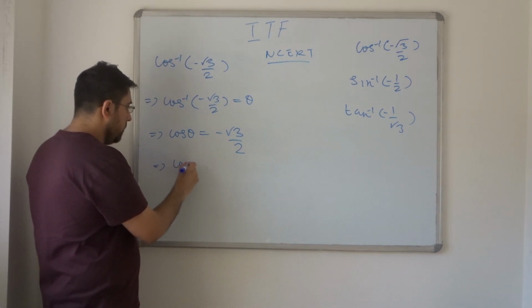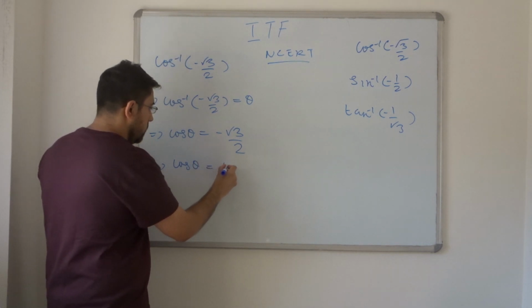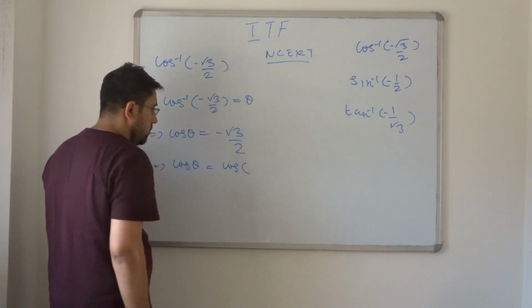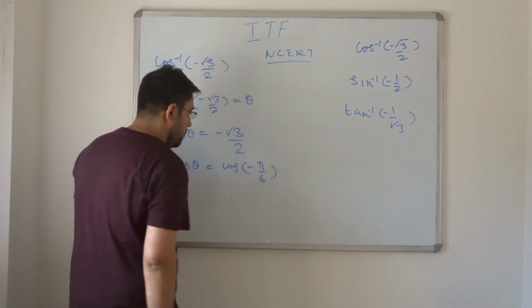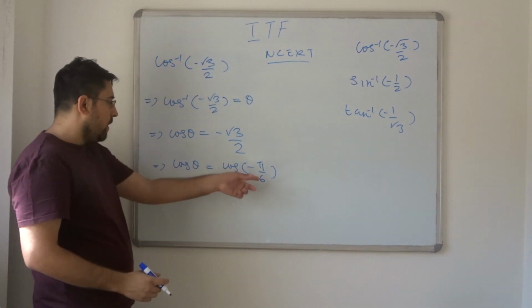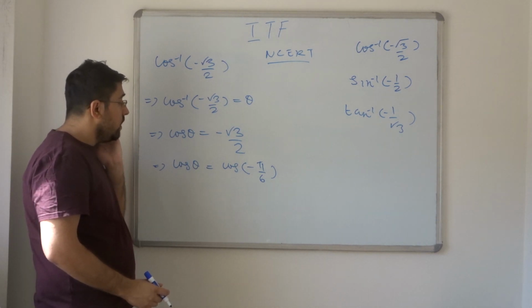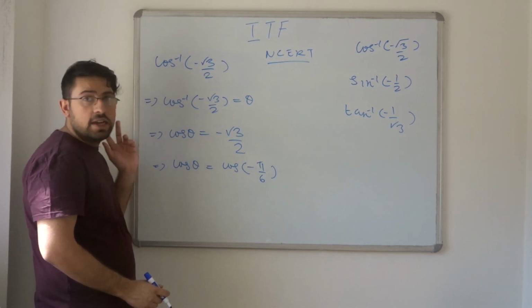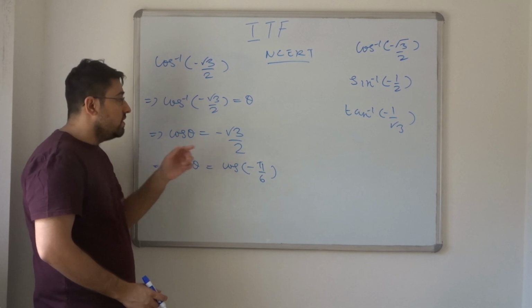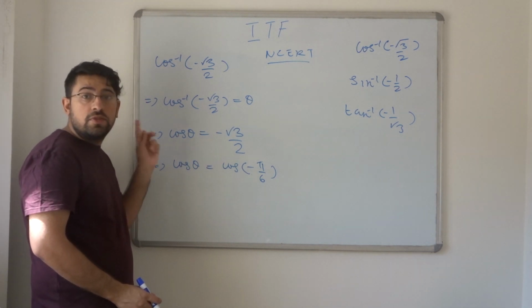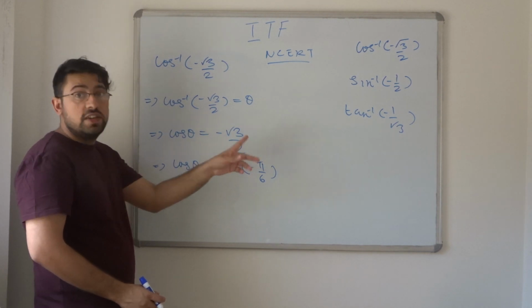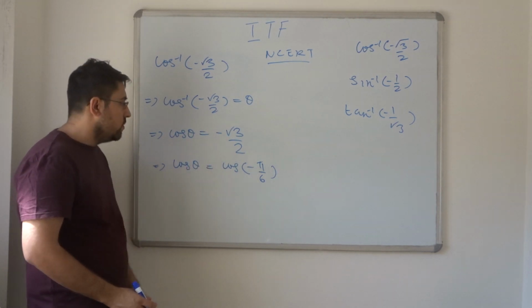The next step here is this, negative pi upon 6. So now remember one thing, guys, that the range of this is from 0 to pi in a closed interval.